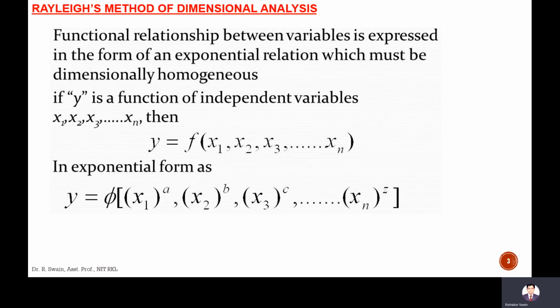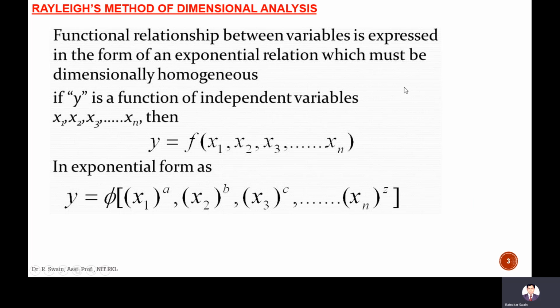This Rayleigh's method is comparatively easier than the Buckingham Pi method. It is simpler than the Buckingham Pi method. In this method, the functional relationship between the variables is expressed in terms of an exponential relationship, which must be dimensionally homogeneous.